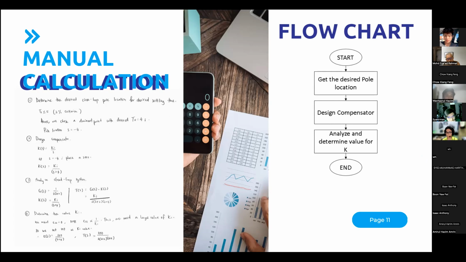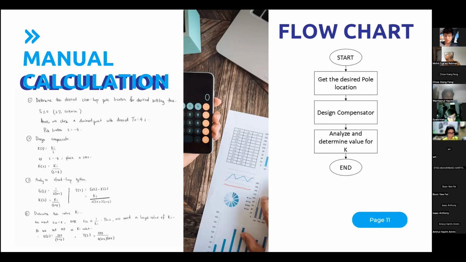Our settling time is less than 5, so we assume the dominant point is TS equal to 4, so the pole location is S equal to -4. Next we design the compensator, using a PID compensator, which is an integrator compensator at S equal to -4, so K equal to Ki over S, and we will get Ki over S plus 4.